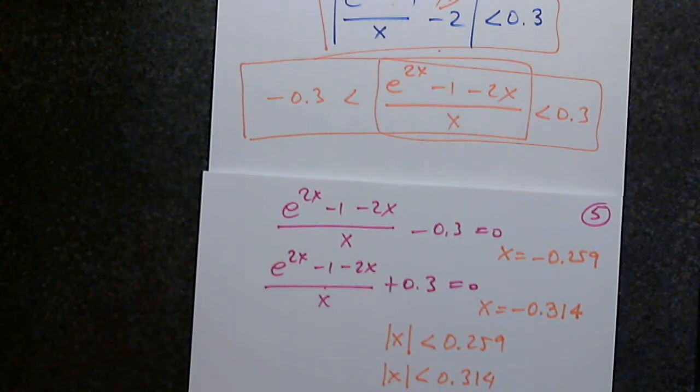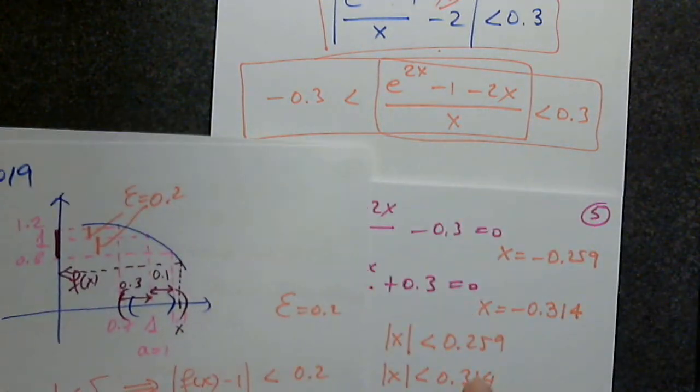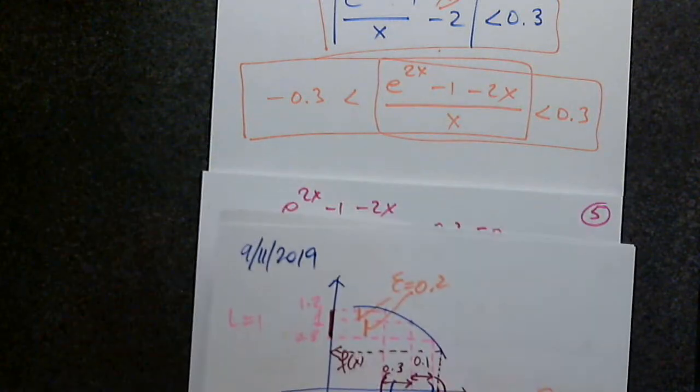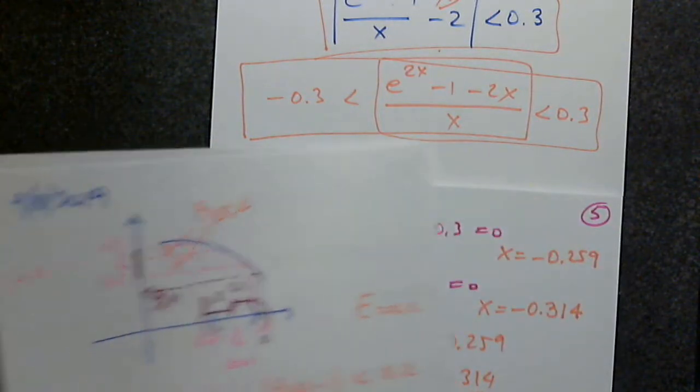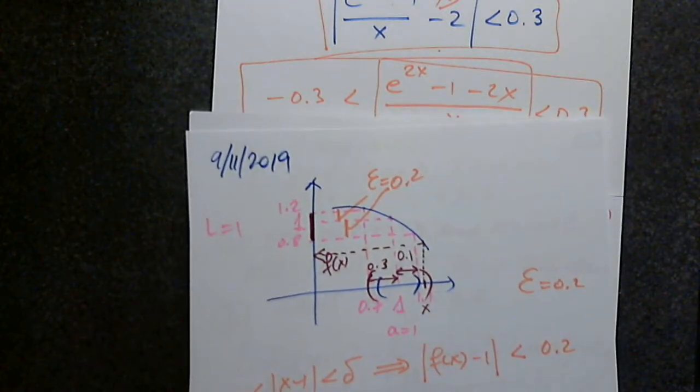So the question was asking us to find the largest possible delta, but we know we cannot choose the biggest one. So the largest is confusing a little bit. The largest one cannot be bigger than the smallest. So delta has to be the smallest of the two, for the same reason that we saw right here. So if one is 0.259, it's this situation. If the other one is 0.314, it's this situation. And I have no choice but choose the smallest of the two.